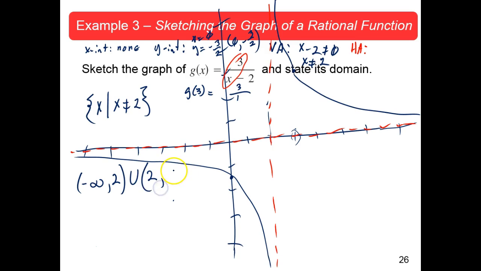And then go all the way to positive infinity. You remember that, don't you? That shows exactly what's going on there. That, to me, is the simplest way, but you can write it out: set of all real numbers, except x cannot equal 2.